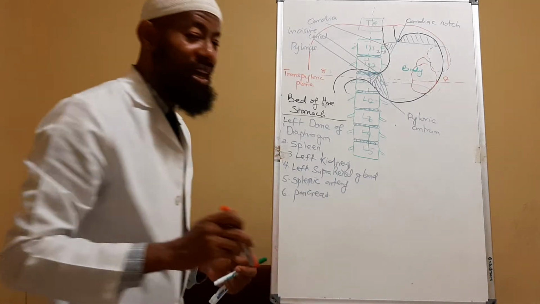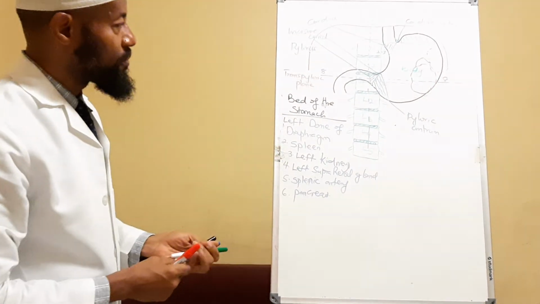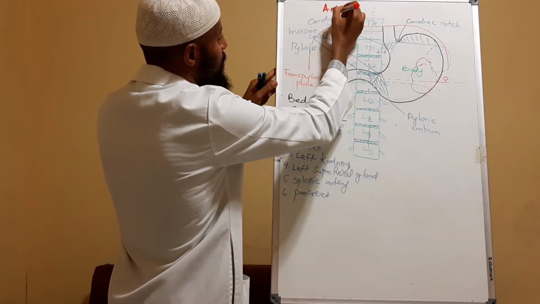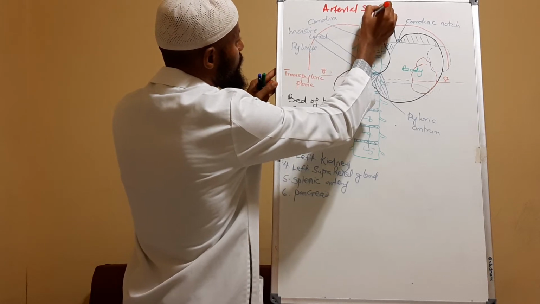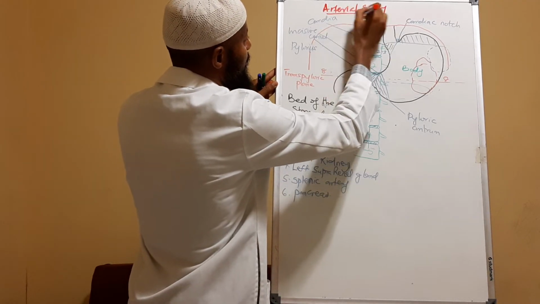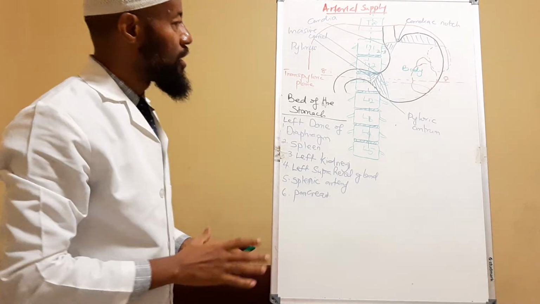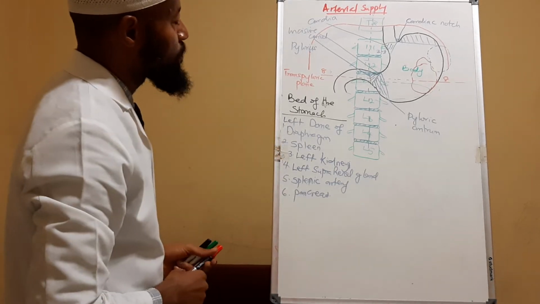Now I want you all to pay careful attention to this. The arterial supply is basically the celiac trunk. So let us represent the celiac trunk in this portion here.